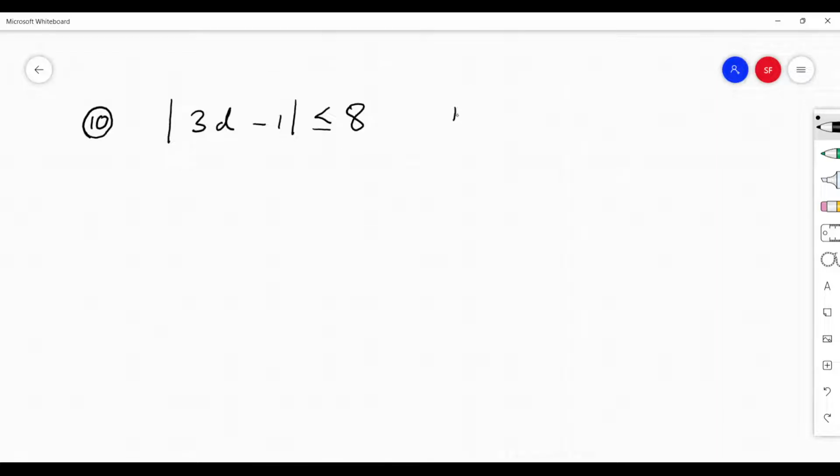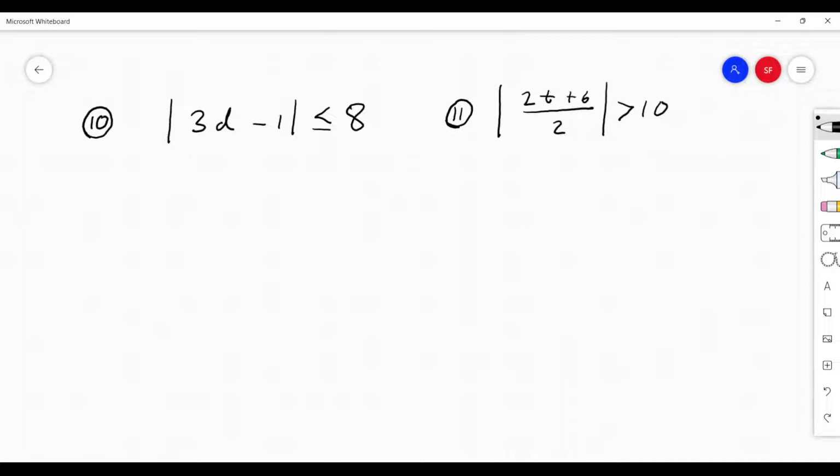And example number 11 is going to be the absolute value of (2t plus 6) all over 2 is greater than 10.